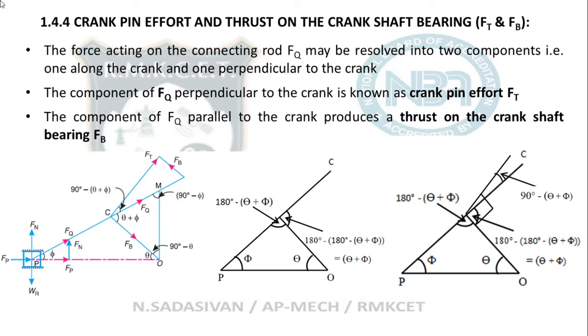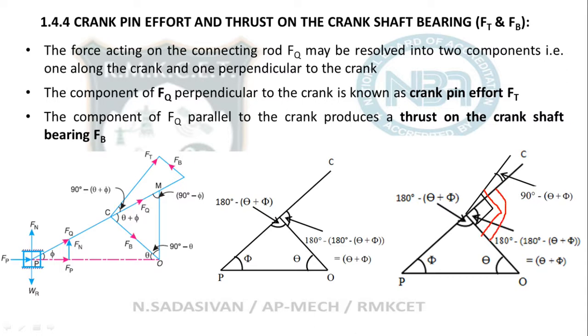Now I am going to draw a line perpendicular to this line. See, these two may appear perpendicular here, but it is not exactly perpendicular. Let's draw a perpendicular line to this. Okay, let's look into this figure. Let us say this is 90 degrees and this is theta plus phi.